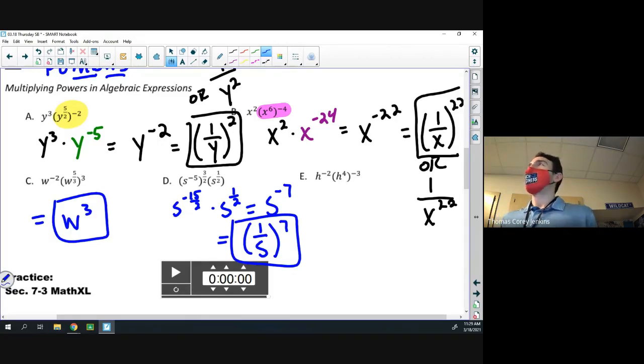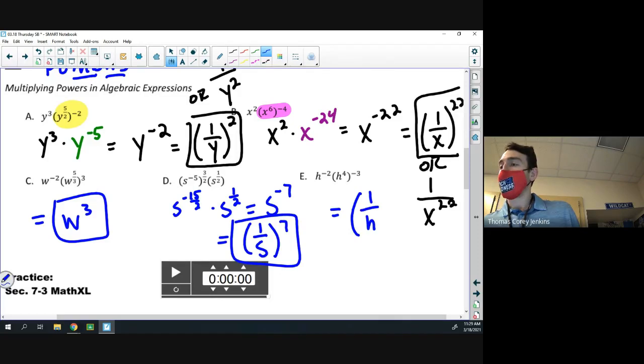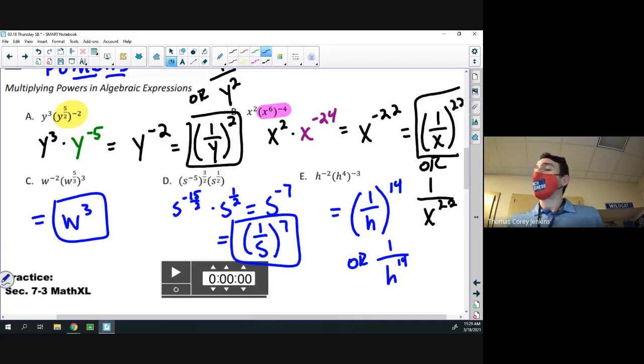Does anybody have E? Anybody skip it and go to E? Grant? It is 1 over H to the 14th. Very good. So basically, we're looking for an exponent.